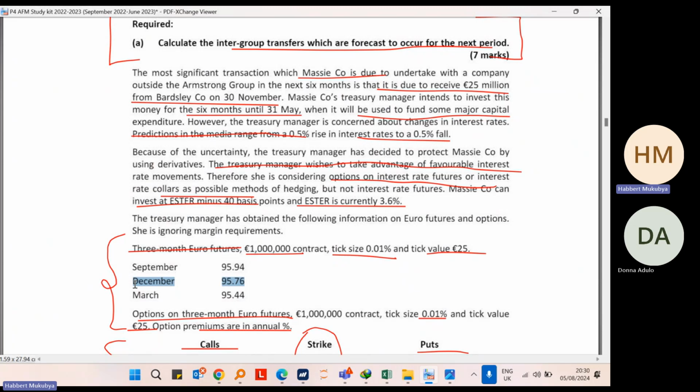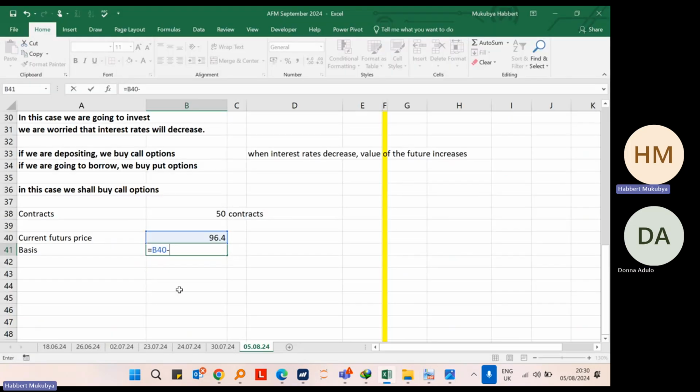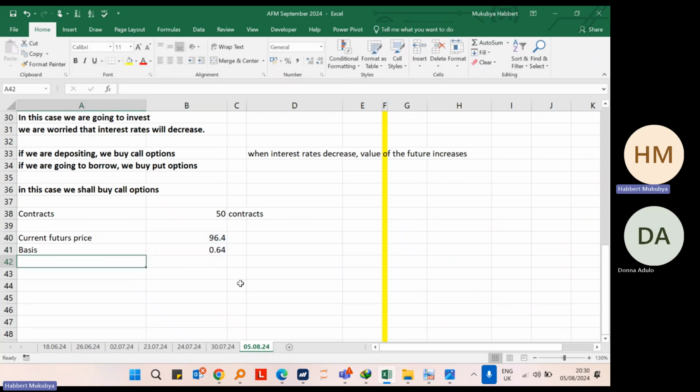Understand that part? So now the basis is the difference between the current futures price and this 95.76, which gives us 0.64 as the basis.